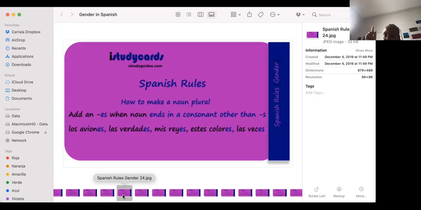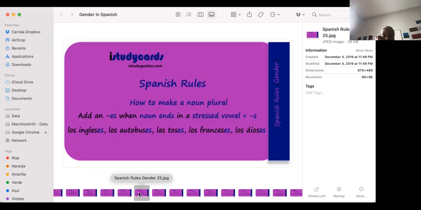That's not how it is in English. You can't say avions in English. I'm taking that Spanish word and trying to make it into English, but that's not the rule for ES in English.